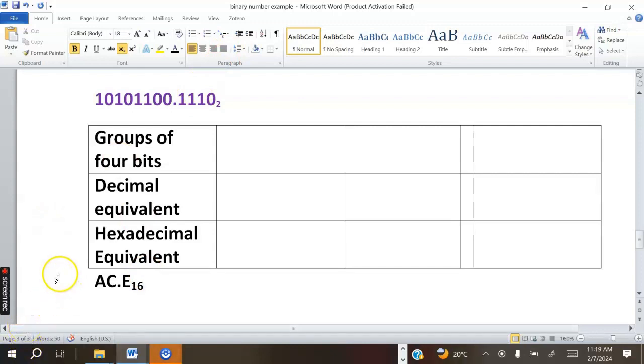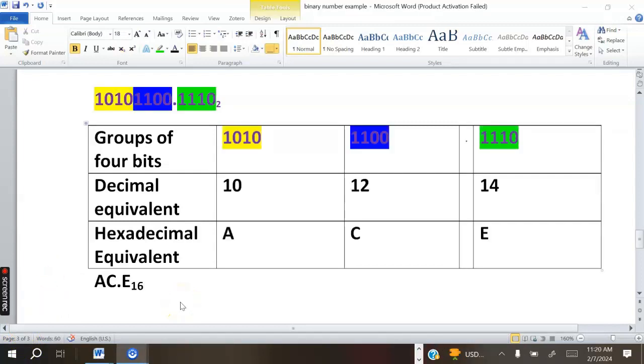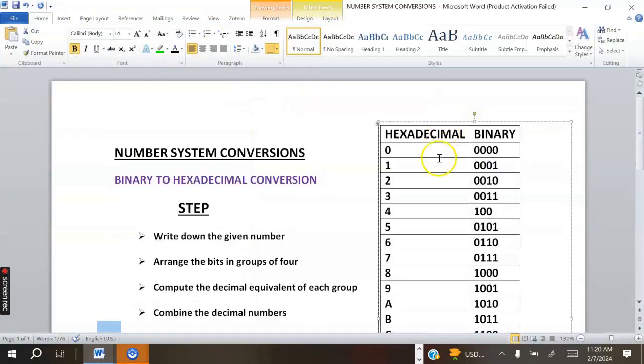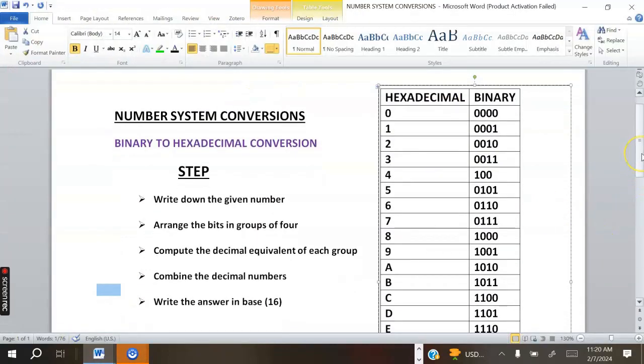I'll give you maybe a few minutes to go through your work, then I will do it. So there goes my working. Maybe you can use this table to do the conversion.